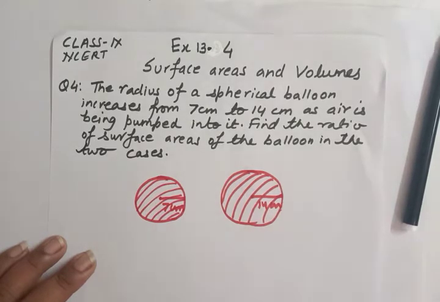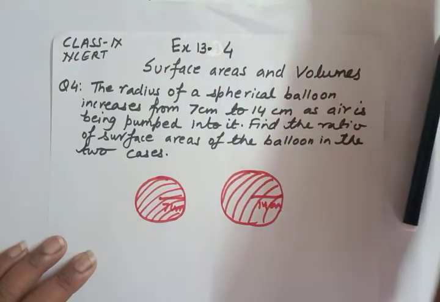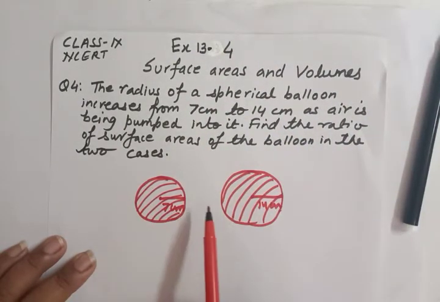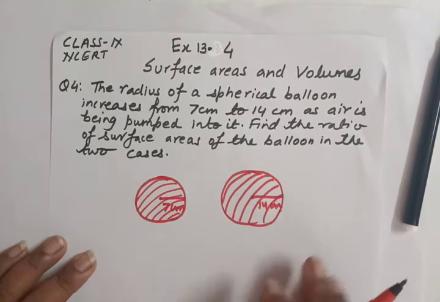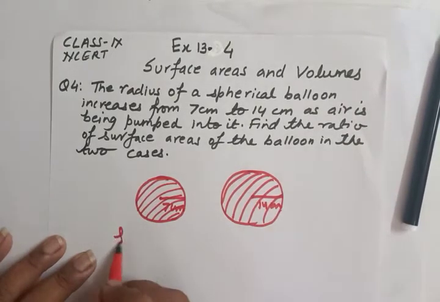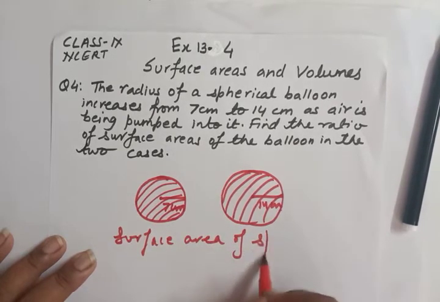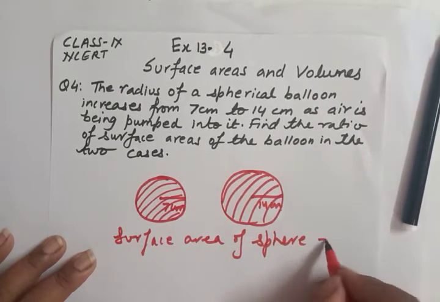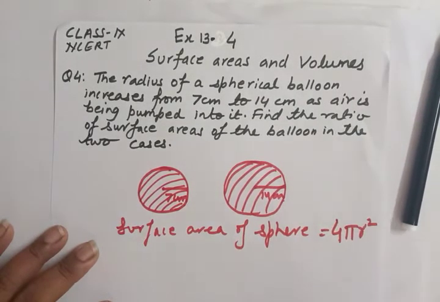Now first of all, we need to think about how many surfaces we have in a sphere. In a sphere, only one surface is there, that is the curved one. So what is the formula for the surface area of the sphere? Surface area of sphere is equal to 4 pi r square.